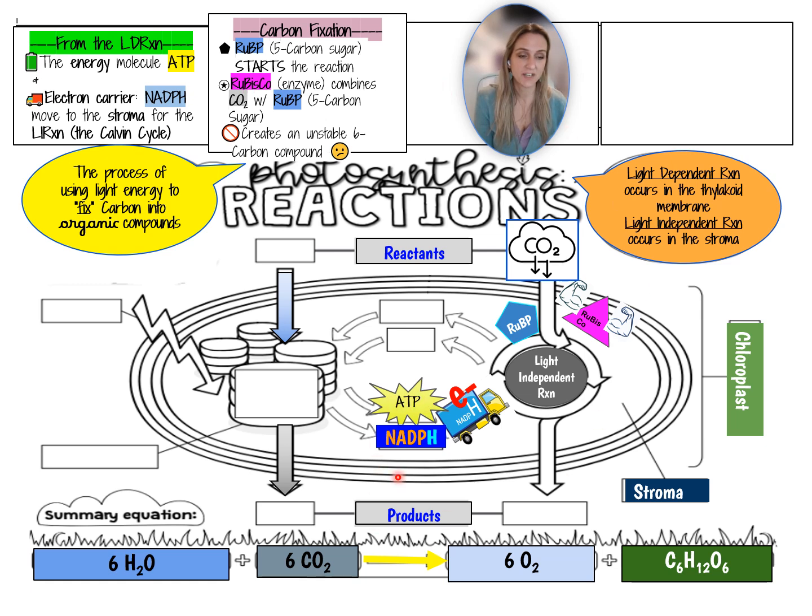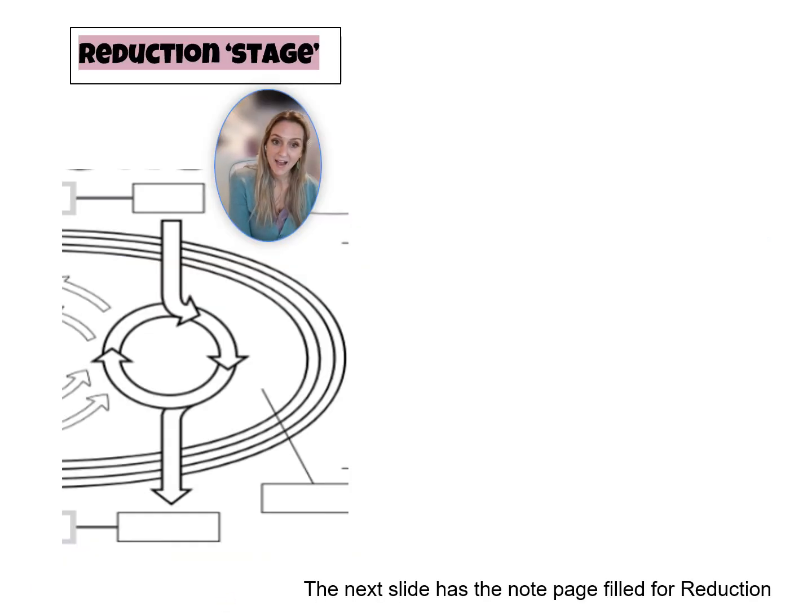And we see ATP and NADPH moving in from the light-dependent reaction. And the high-energy electron and its high-energy electron carrier, NADP and the H, are again moving into this process. Okay, and now this is referred to as the reduction stage.